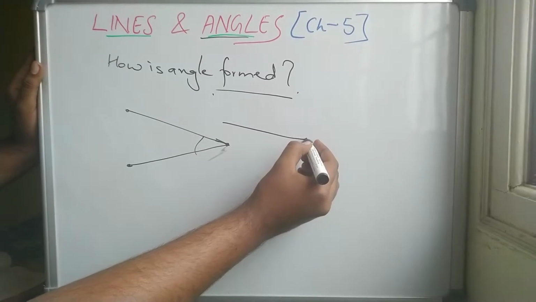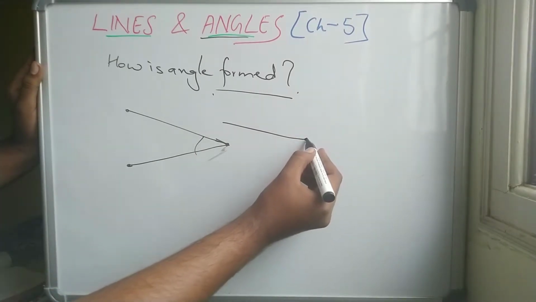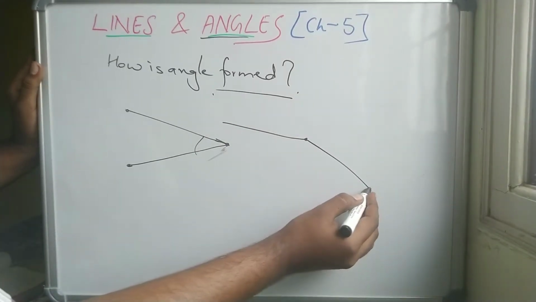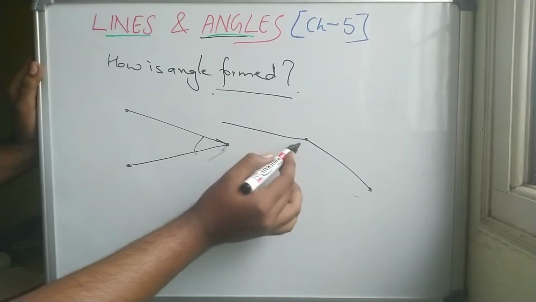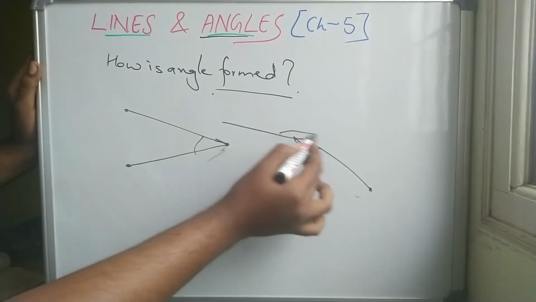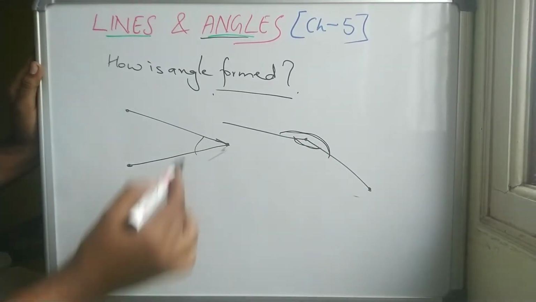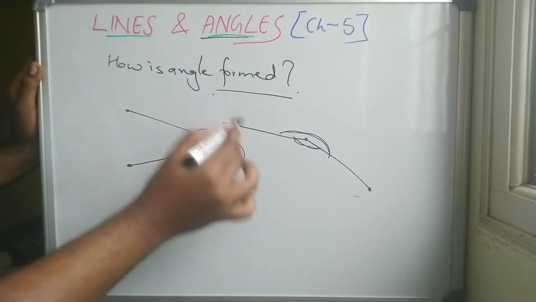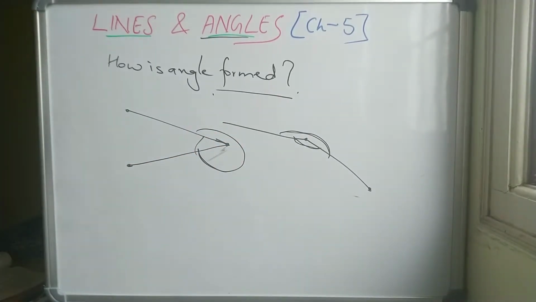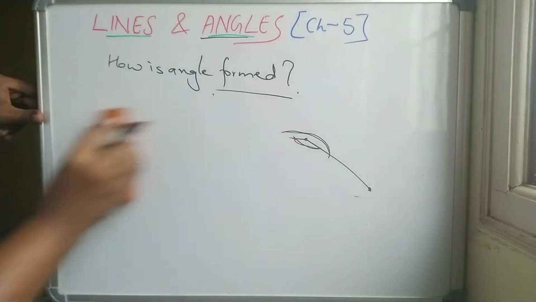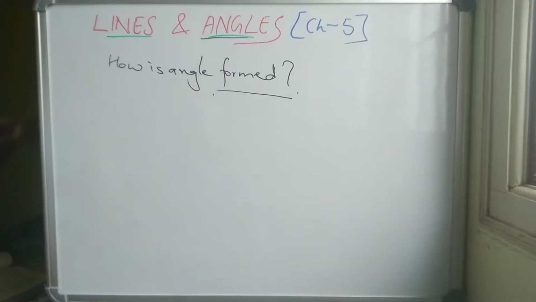Suppose I take one line segment and another comes and joins here. When it joins, it forms an angle. Here also it forms an angle. Fine. Right? Here also it forms an angle. So you have to remember that an angle is formed when two line segments meet at a point.